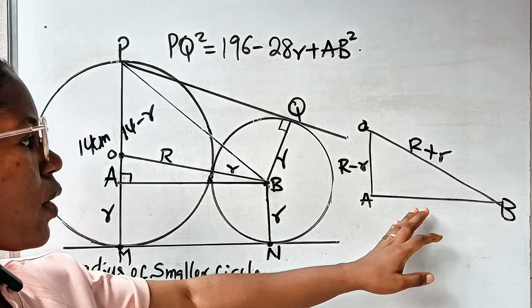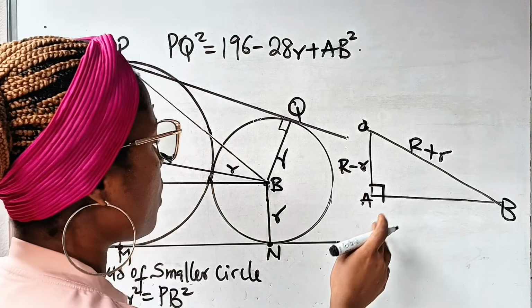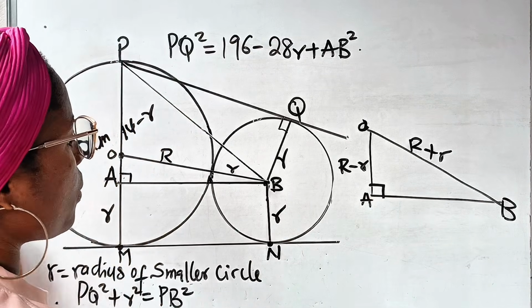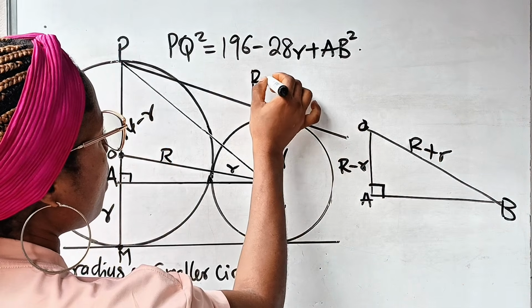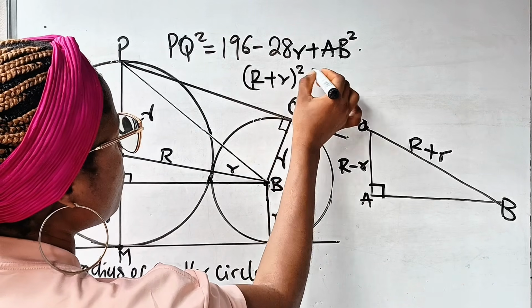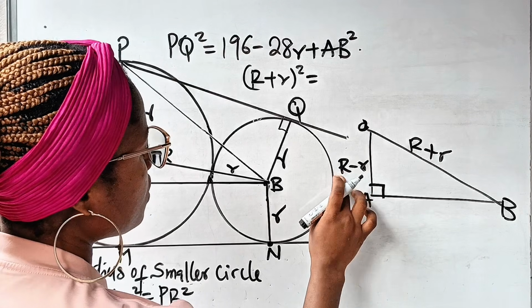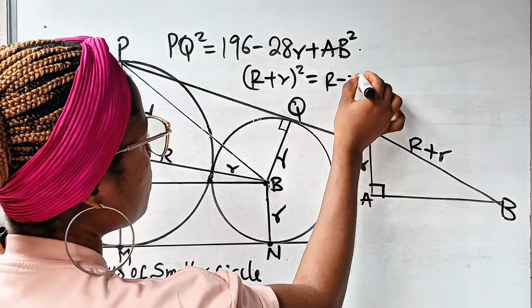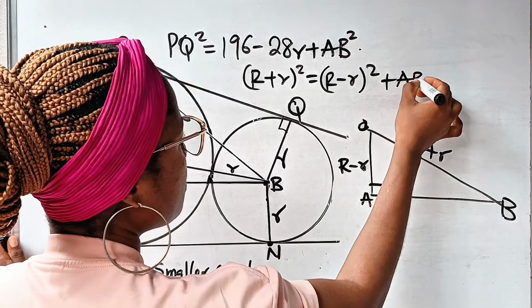Now we can see that we can solve this using the Pythagorean theorem. So using the Pythagorean theorem, we will have OB squared, which is capital R plus small r all squared, equal to OA squared, which is capital R minus small r all squared, plus AB squared, right?